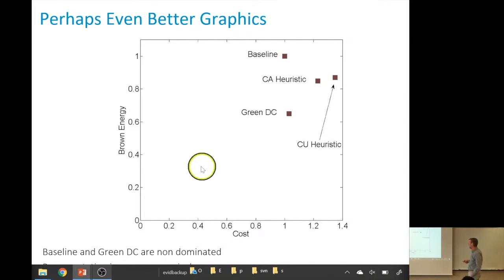Here is one way, perhaps, to give the same information by plotting. I have a two-dimensional cost. I plot it in a two-dimensional space, and here I have my 4 points. We want to be as far left and as far below as possible. So here, perhaps it's even clearer that the best one is green DC, but it's also clear that those others are not comparable.